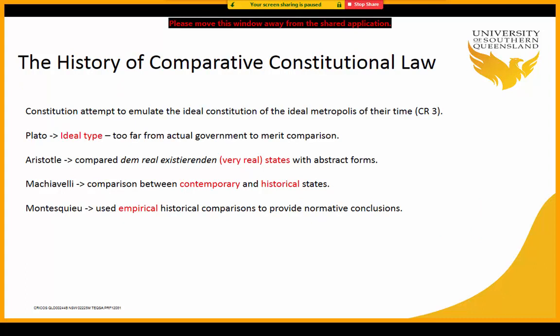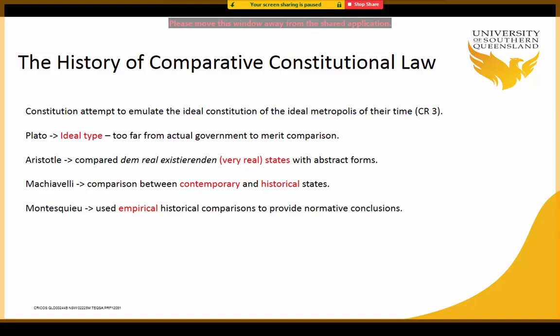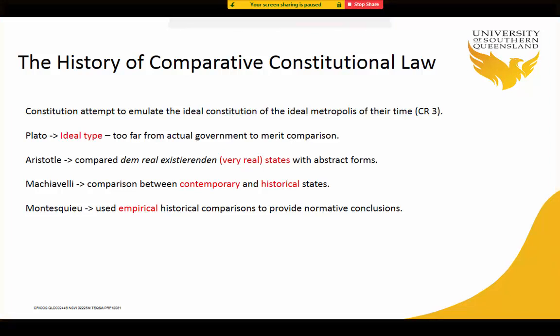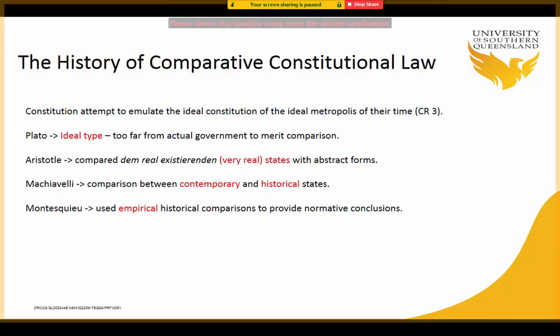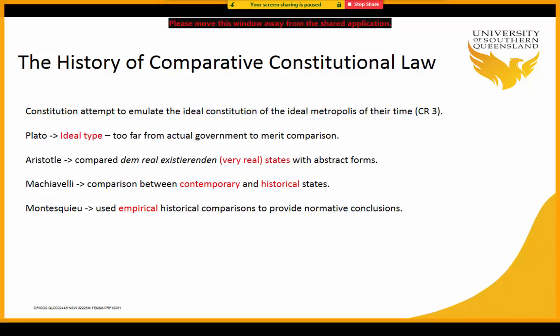Okay, it started really with Plato talking about ideal types. So we just saw some ideal types, but of course, as I said, that's not comparative. When we compare, we're not comparing Australia to an ideal type and then comparing Canada and or the United States to that same ideal type.